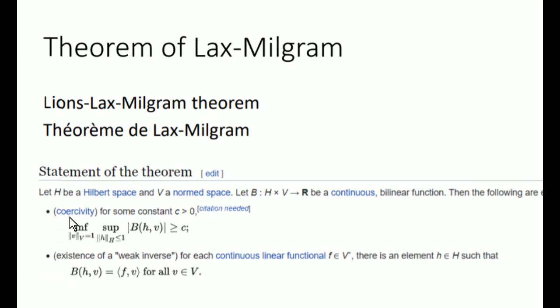The condition of coercivity for some positive constant. So it's a bit of junk, but basically we say that it's bounded by a constant c, the coercivity constant, and the existence of a weak inverse: for each continuous linear functional f there is an element h inside big H, such that b of h, v is equal to the scalar product of f times v for all v.